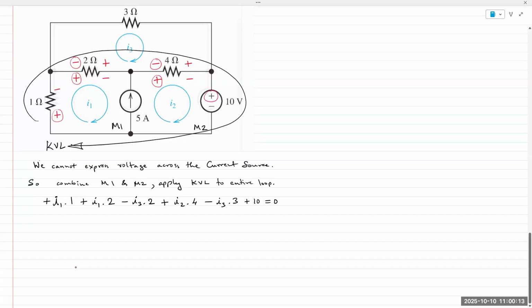That's how I arrived at that equation. Now, students might be familiar with a different way of applying KVL, and it doesn't really matter how we apply KVL. We still end up with the same exact equation, no difference.